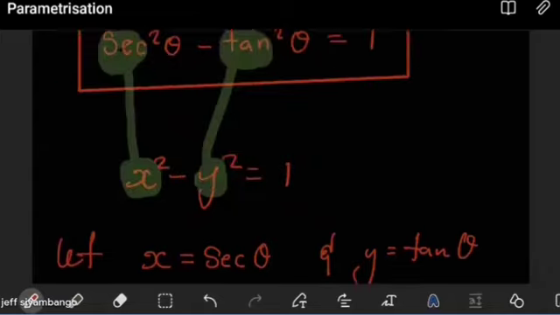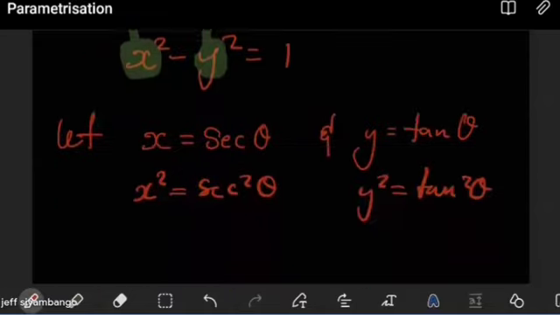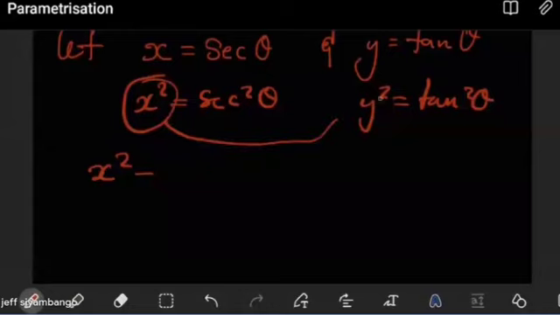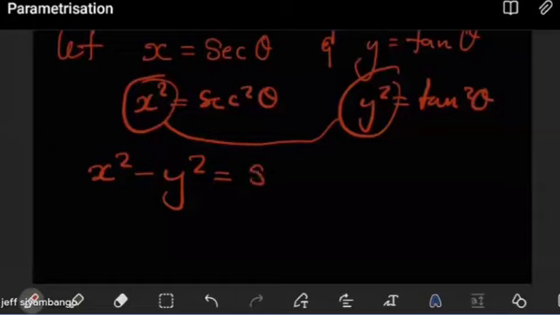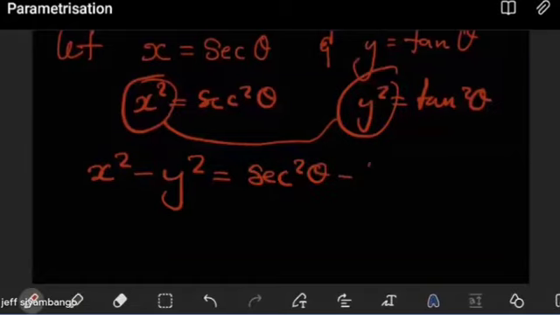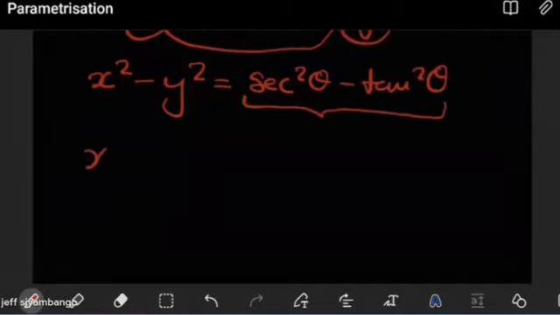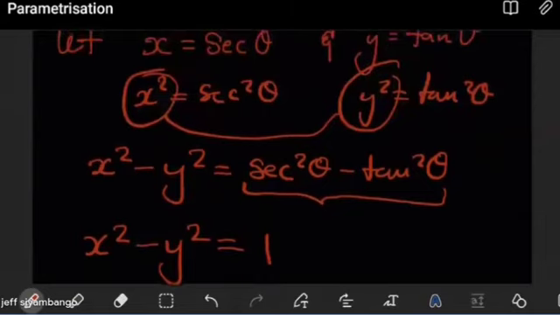And to make it fit so that it comes back to that form, what we'd have to do now is subtract: x squared minus y squared, and on the right side we would have sec squared theta minus tan squared theta. So by that same identity we derived, this is 1, so that correctly it gives us this is equal to 1.